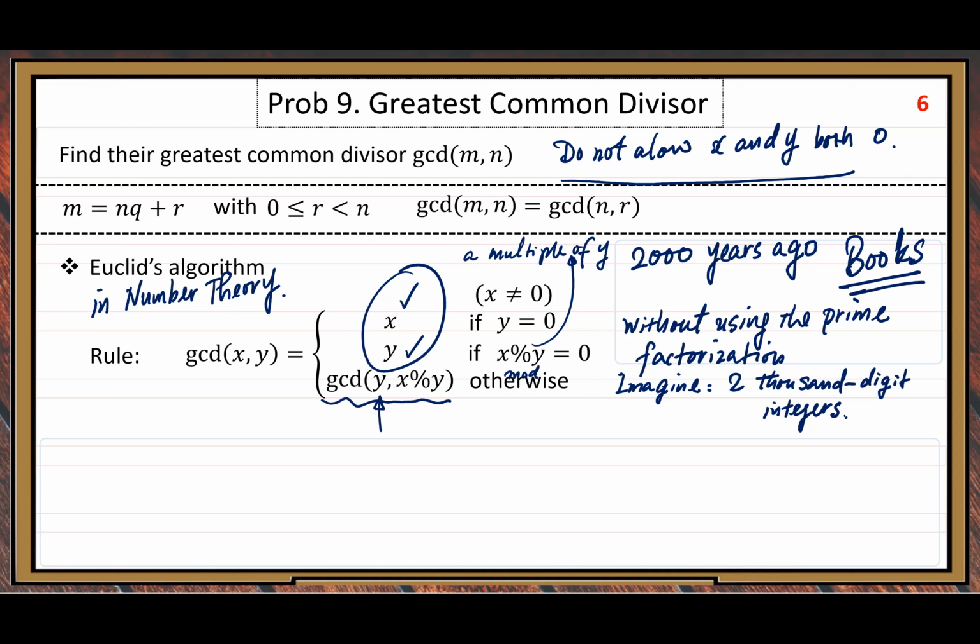By applying Euclid's algorithm, we do not need to do prime factorization. Basically, we just do integer division, modular operation, integer division. That's much faster than prime factorization. Although you need to do it many, many times, the size could be reduced quickly, and you can get your answer very fast.